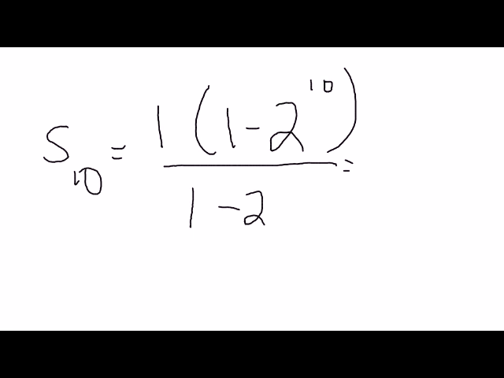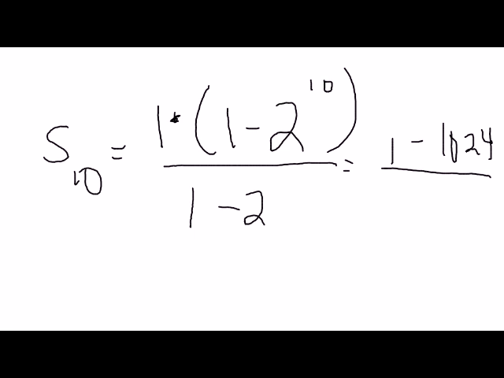So you can just ignore this 1 times here because that's going to give you identity property anyway. And we can just evaluate 1 minus 2 to the 10th, which is the same as 1,024. 1 minus 1,024, and 1 minus 2 is negative 1.